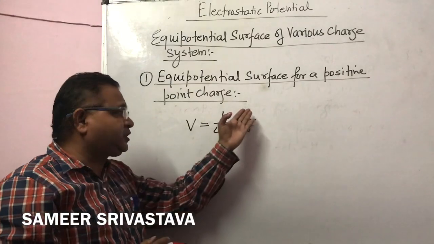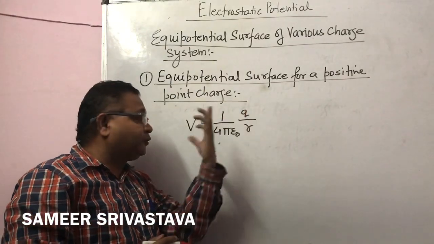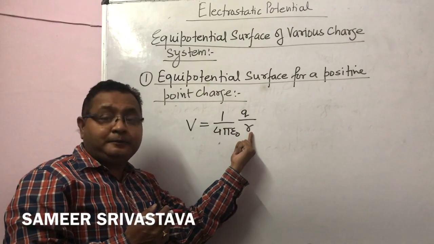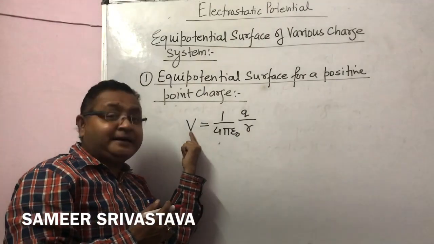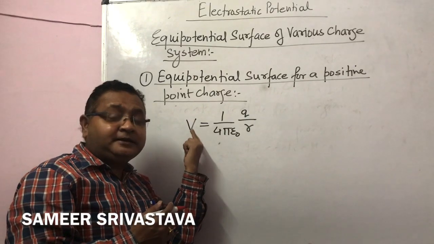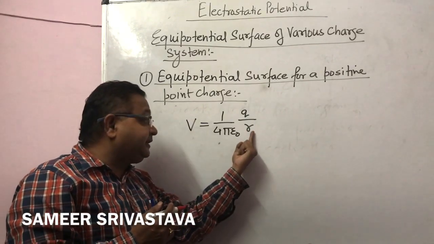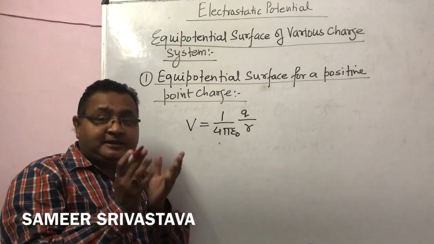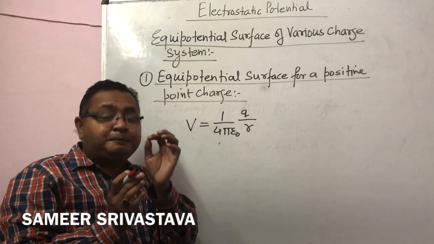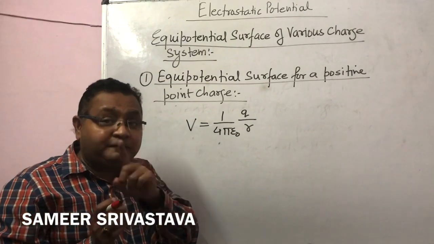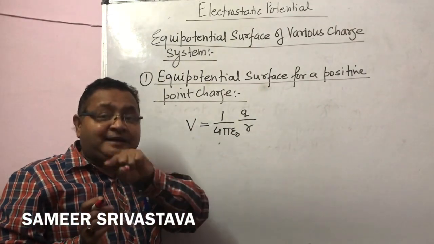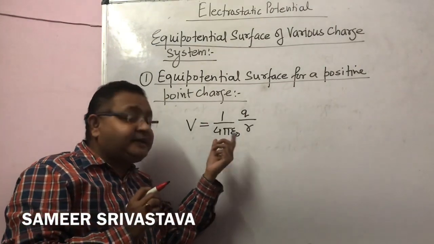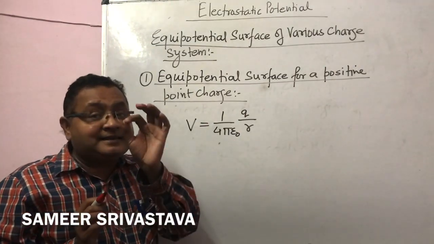Q is constant, 1 upon 4 pi epsilon naught is constant, and R is the variable. So the equipotential surface for a single point charge is always a concentric spherical shell in which the point charge is the center.